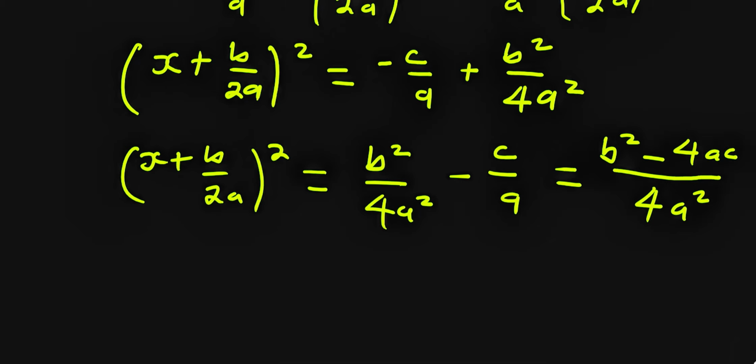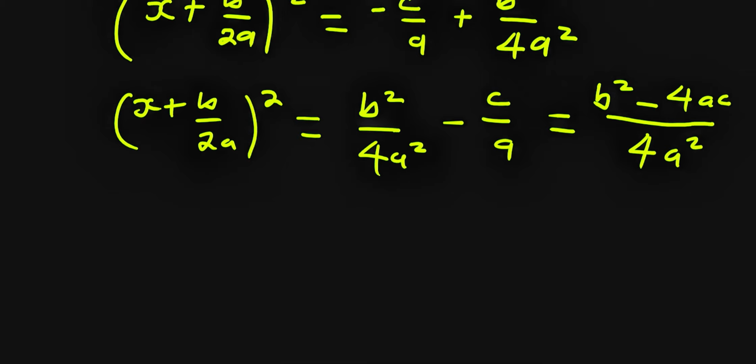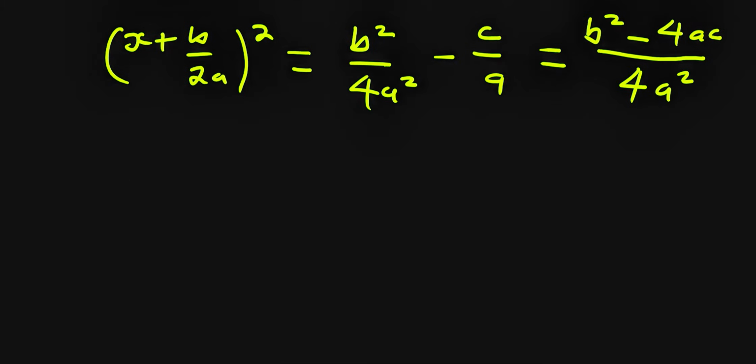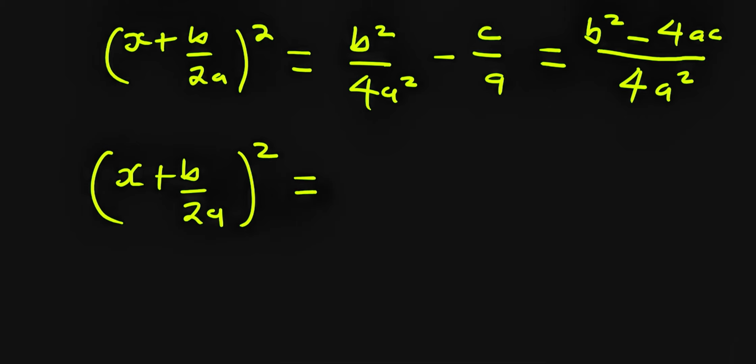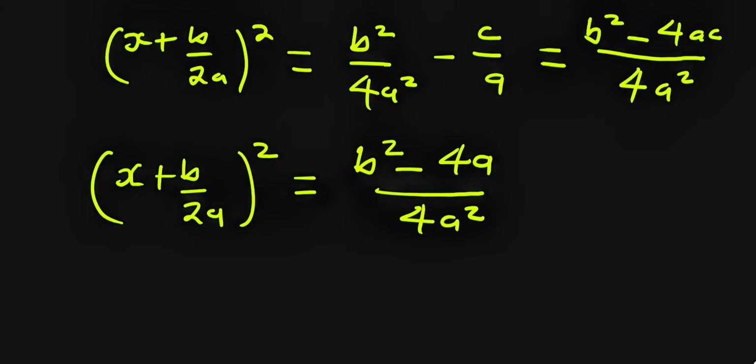So it means therefore that what we have now is x plus b over 2a squared is equivalent to this one here, that is b squared minus 4ac over 4a squared.